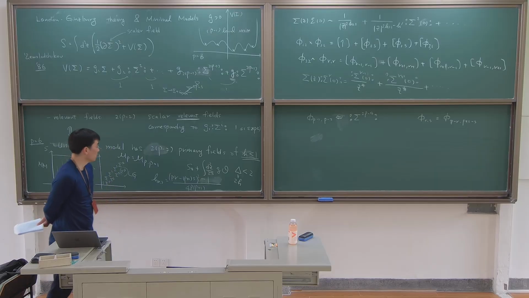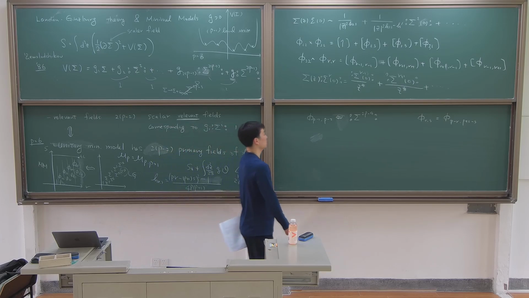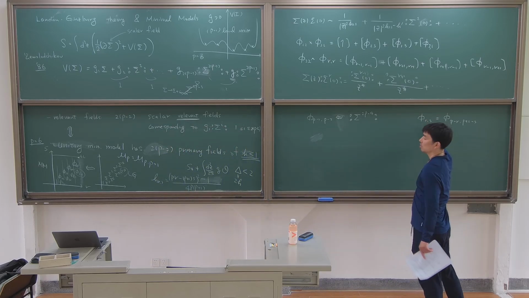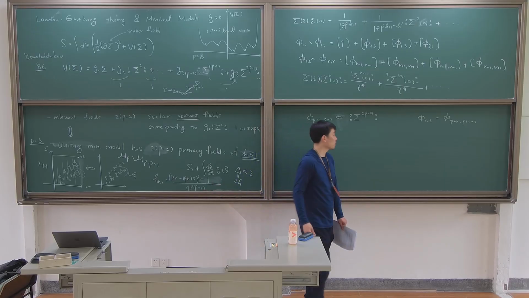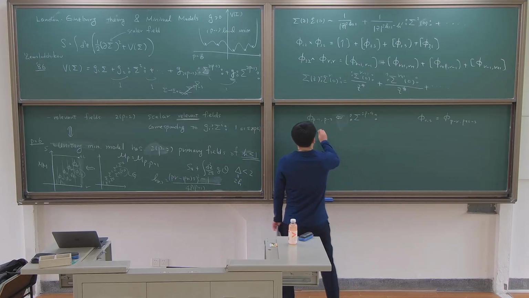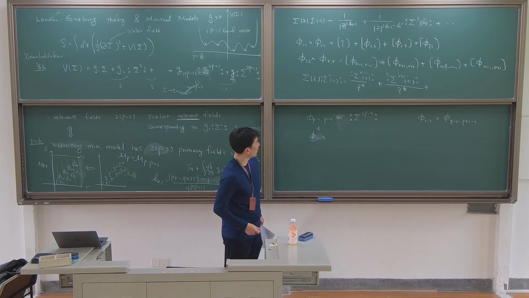So if you plug this one into here, it's satisfied. So the conformal dimension of both sides is equal. From here you can just check. So therefore, this one is in fact phi 1,3.